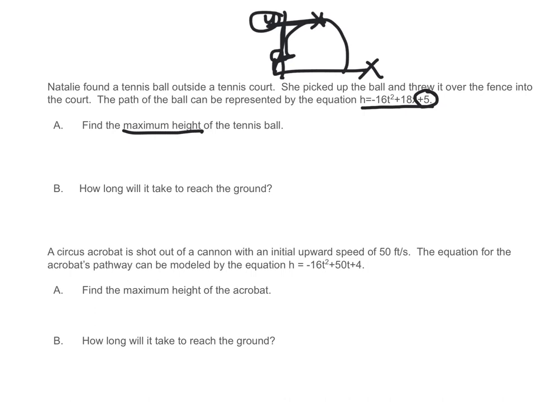So the best thing to do is to find your axis of symmetry, which will be the opposite of b over 2a. So negative 18 over 2 times negative 16. So that equals positive 9 over 16, which is 0.5625.